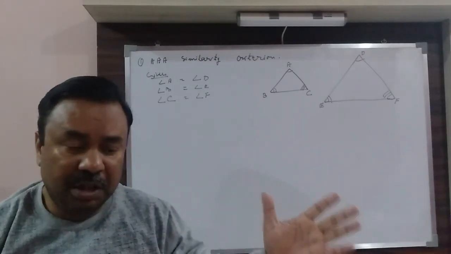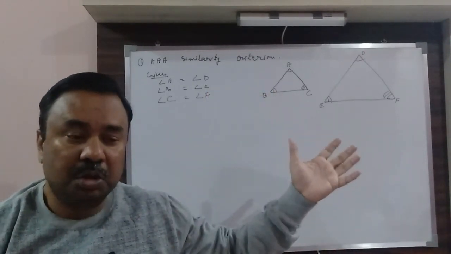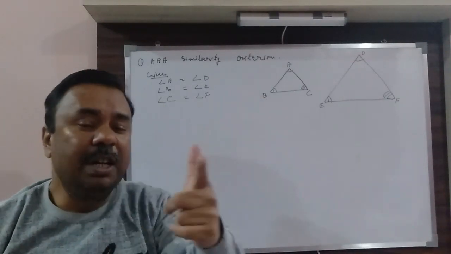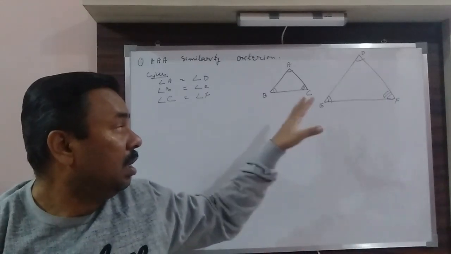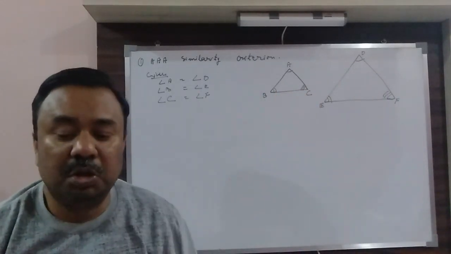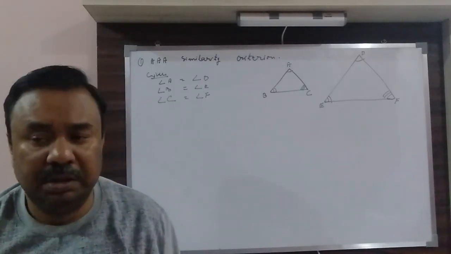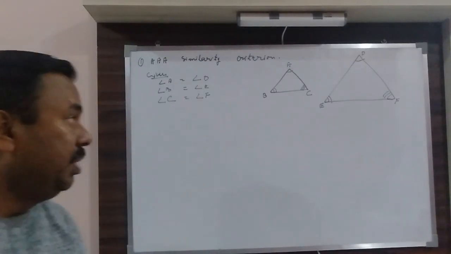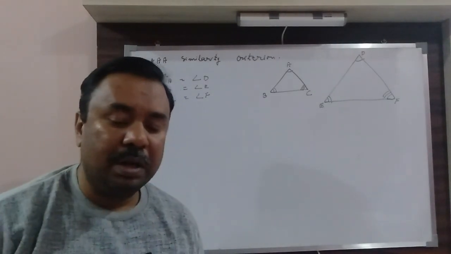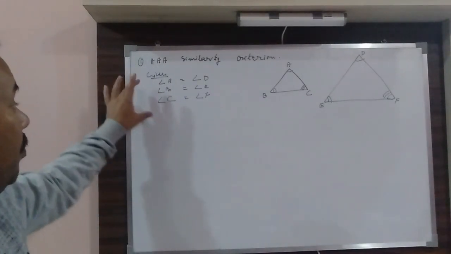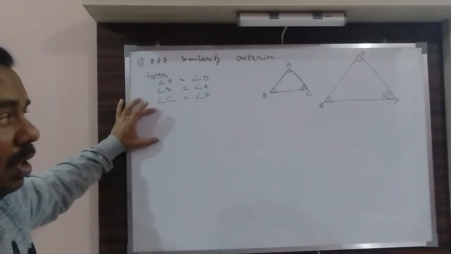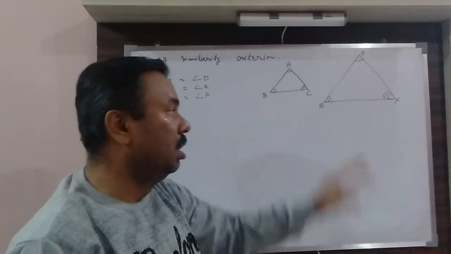The first condition was that all the corresponding angles should be equal. It has already been given. The second condition says that all the corresponding sides should be proportional. Now, how can I prove that? One thing has been given, the other thing you have to prove, that they are proportional.